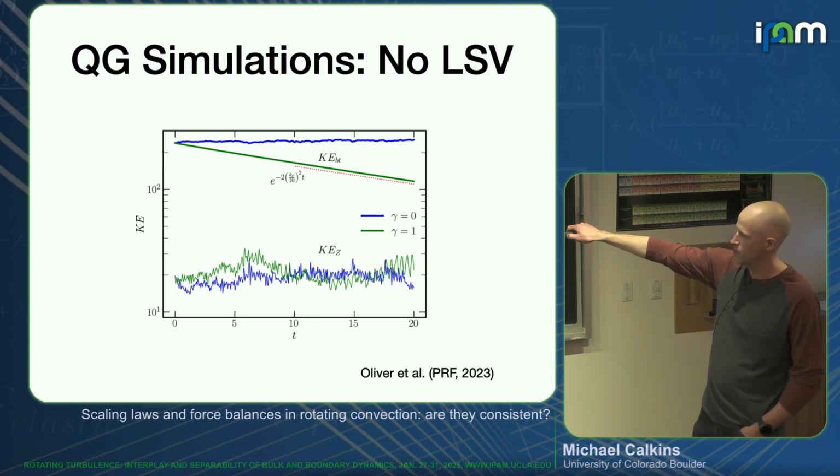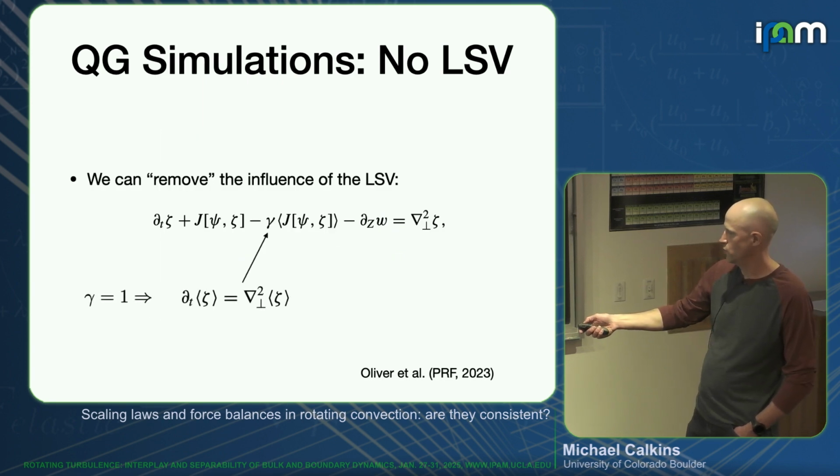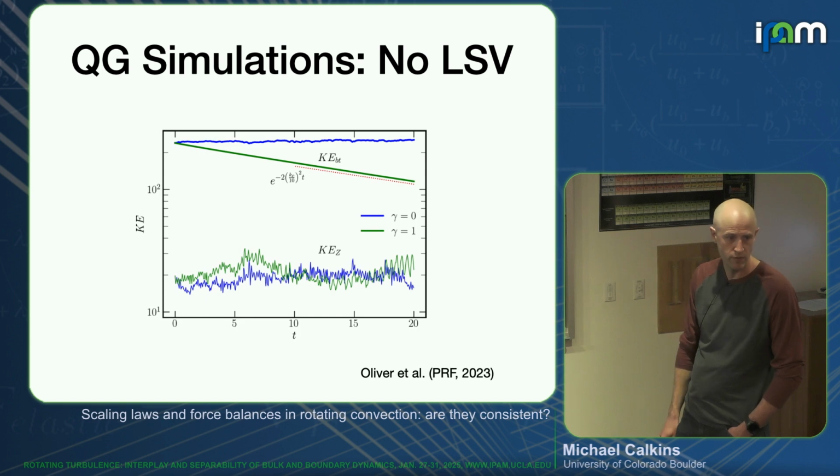Up here is the depth average kinetic energy, the energy contained in the depth average flow. Down here is the vertical component of the kinetic energy. And if you set gamma to 1, immediately you see that the large-scale vortex decays exponentially with time, as you would predict from a simple 2D diffusion equation. So it gets the job done.